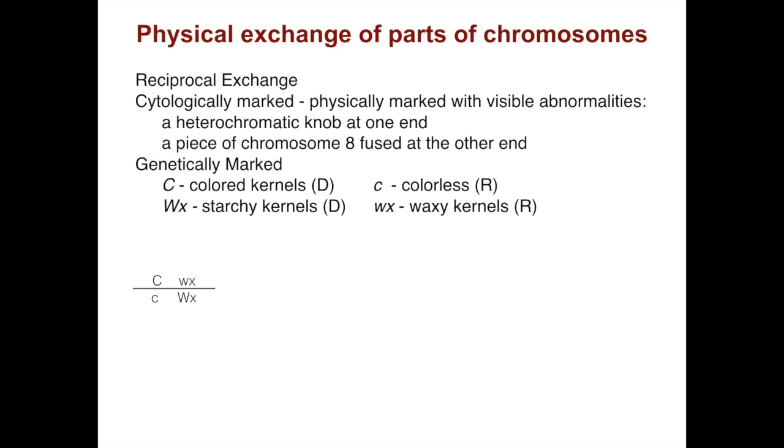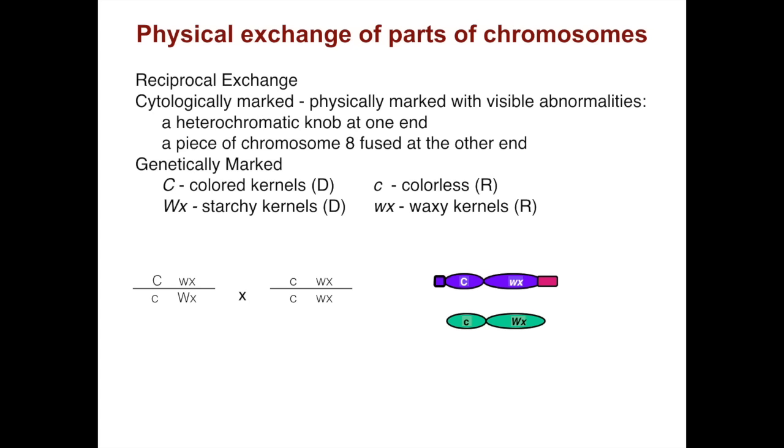You can set up crosses where you have both the colored kernels associated with the waxy kernels and the colorless kernels associated with the starchy kernels. And you can cross these to a homozygous recessive corn plant. You get a chromosome that is colored and waxy, and then one that is colorless and starchy. And these chromosomes look different.